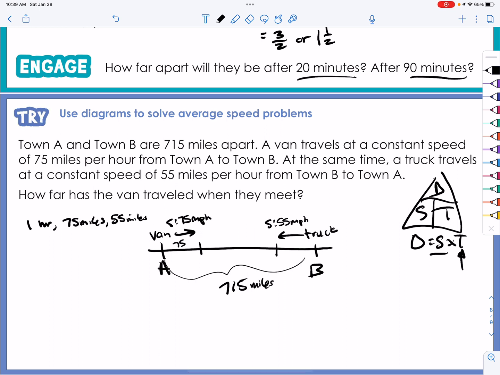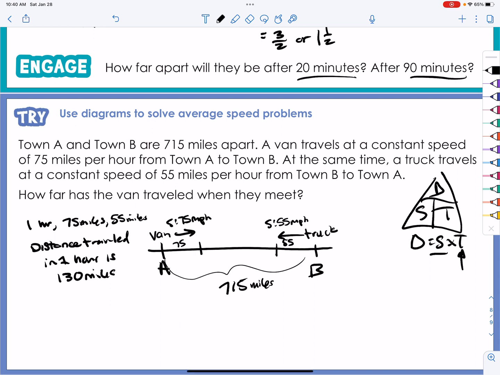So in that 1 hour, you could think of it like this. Here's 75. Here's 55. It seems like in that 1 hour, the distance that was traveled is 75 plus 55, 130 miles.